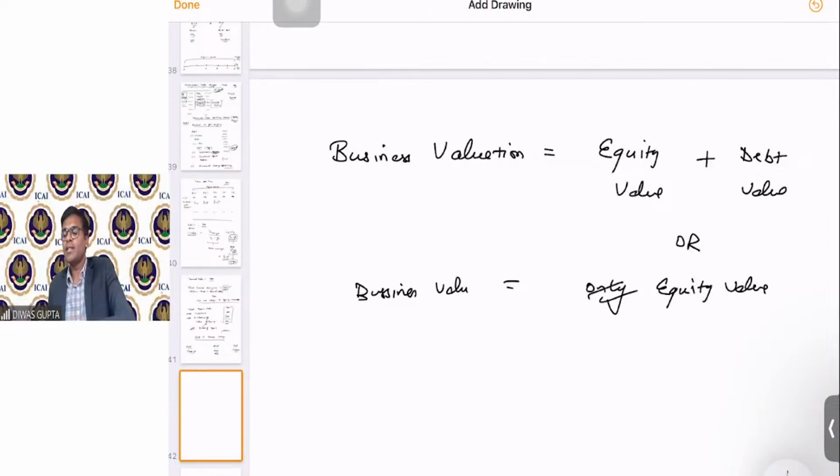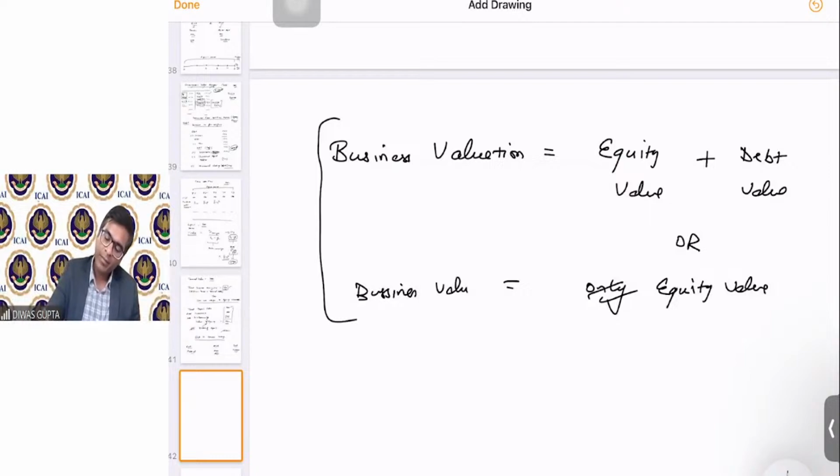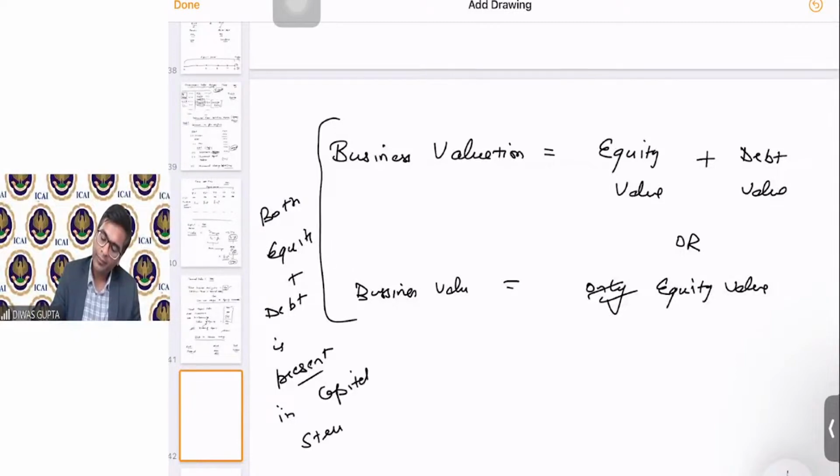Do we call it as a business valuation? And I'm talking about a company where both equity and debt are present in the capital structure.